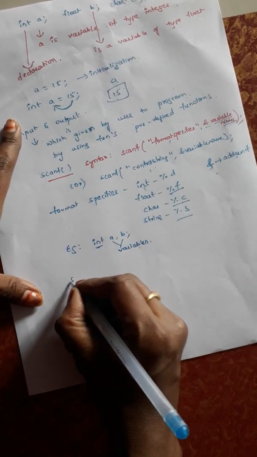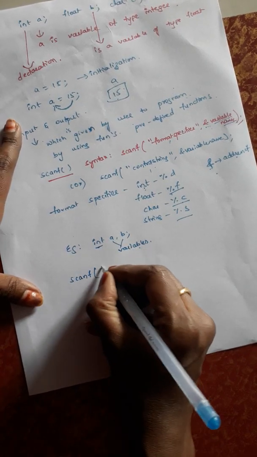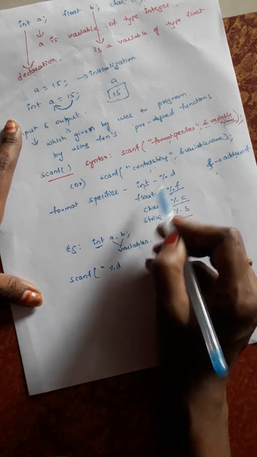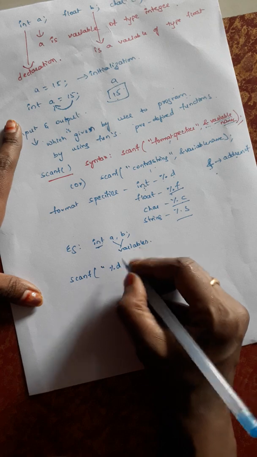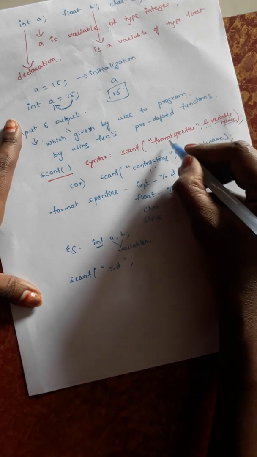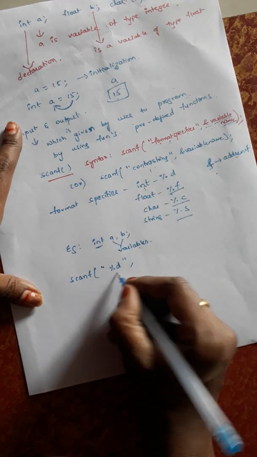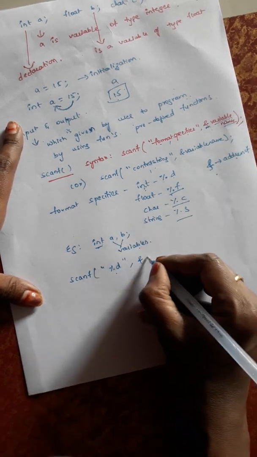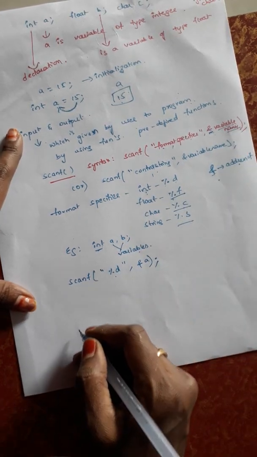Now scanf, %d. Here what is the integer format? %d, comma. So what is the syntax here? The format specifier %d, then the ampersand, then the variable name, which is a. Like that.